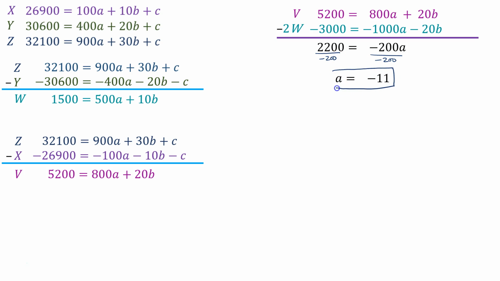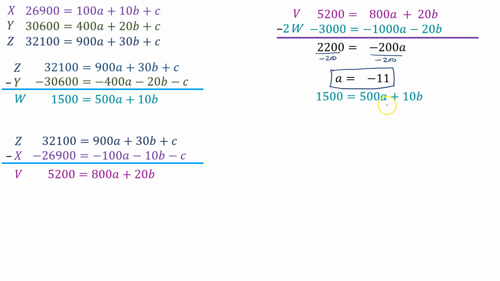So that's part of my answer. I know what a is now. Remember, I got to get a t squared plus b t plus c. So I still need to get b and c. Now that I have a, though, I can plug -11 into either w or v to be able to solve for b. I feel like I'm saying a lot of letters. Sorry about that.